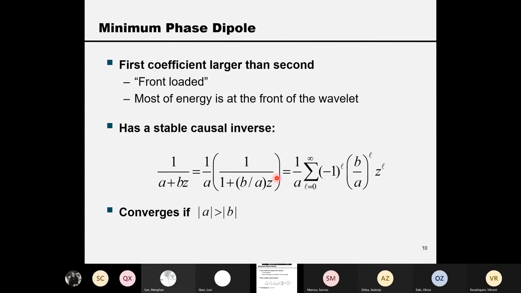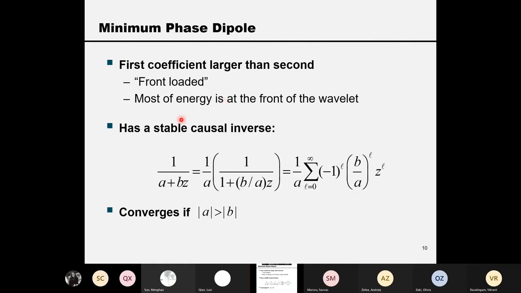Let's talk about the minimum phase dipole filter. In the signal processing field, we call this minimum phase filter front-loaded, which means this filter has the most energy at the front of a filter or wavelet in the seismic context, right?